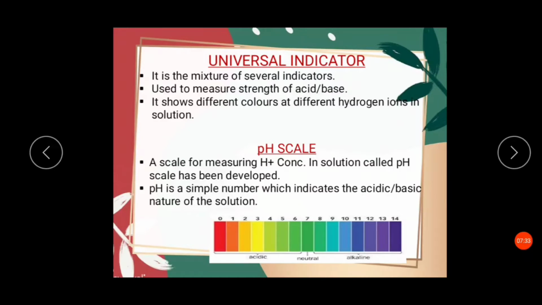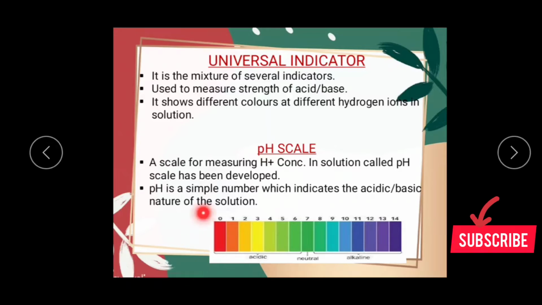You have to know that this particular color indicates a strong acid or that particular color indicates a weak acid. So how will we identify? For that a scale is developed. That scale is called the pH scale. A scale for measuring H plus concentration in a solution is called the pH scale, and it is a simple number which indicates the acidic or basic nature of the solution.